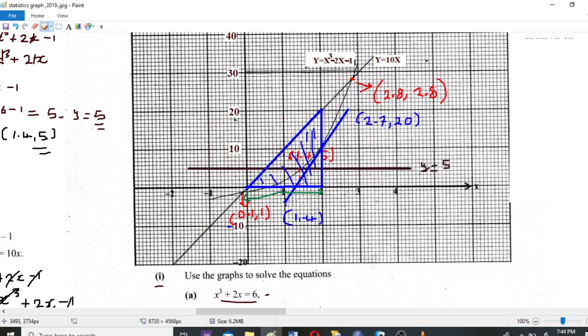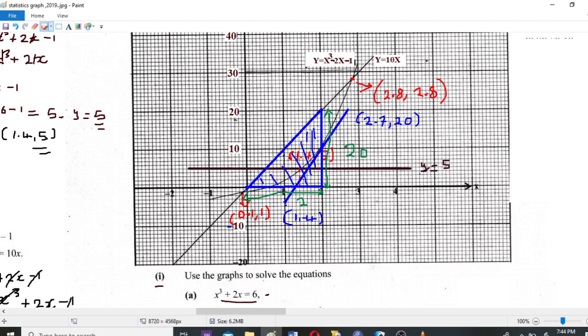On the x-axis, it's 2 centimeters to 1 unit, so 2 will be our base. What about our height? Our height is from 0 to 20, so this is 20.